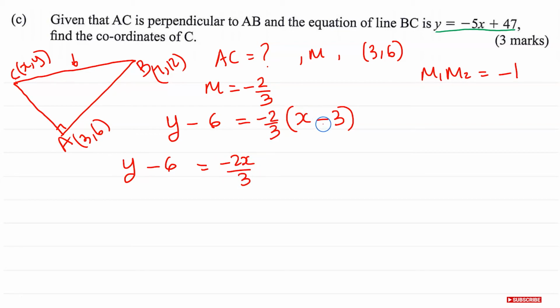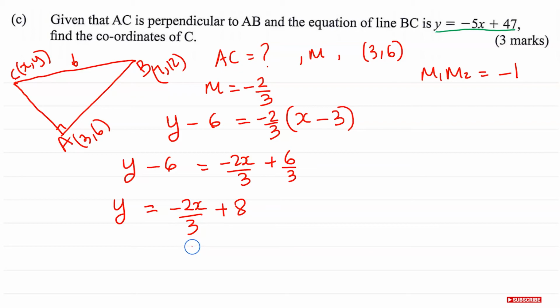Minus 2 times minus 3 will give you plus 6 over 3. So obviously this is going to be y equals, I'm going to take 6 to the other side, so I'm going to add 6 on both sides. So y is going to be equal to minus 2x over 3. Now plus 6 over 3, that is 2. And I'm adding 6, so I'm going to end up with plus 8.